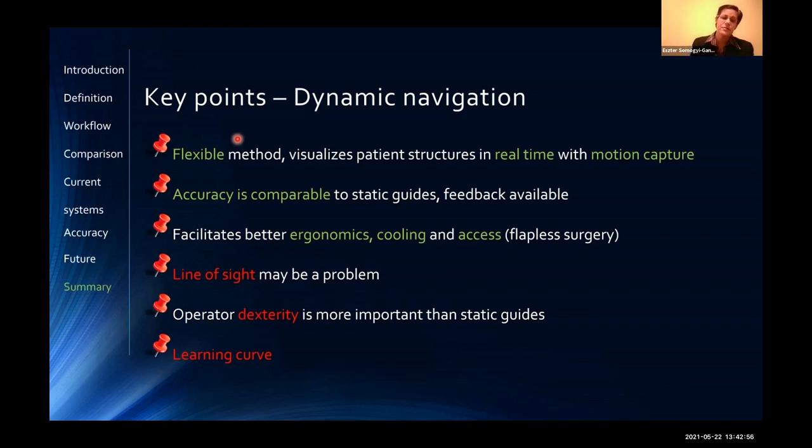The disadvantages might be that, you know, if a small operatory is available, then this might not be the best option. Line of sight, one has to really learn how to position themselves so that none of the body parts are in the way of the camera to actually see those markers. Dexterity is important because, as said, nothing is holding your hand. So if somebody has shaky hands, probably this is not the system for them.